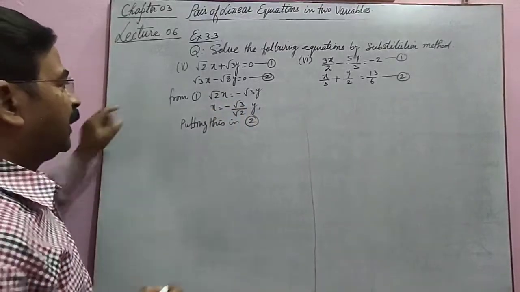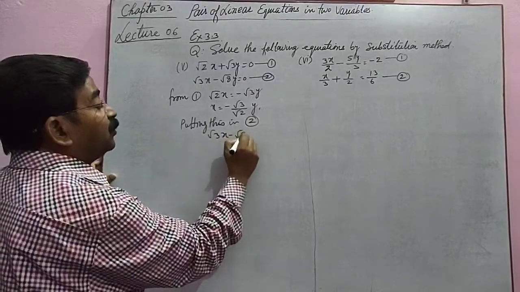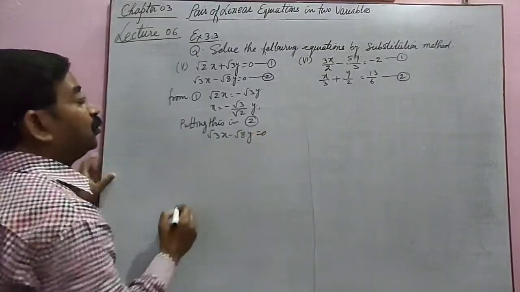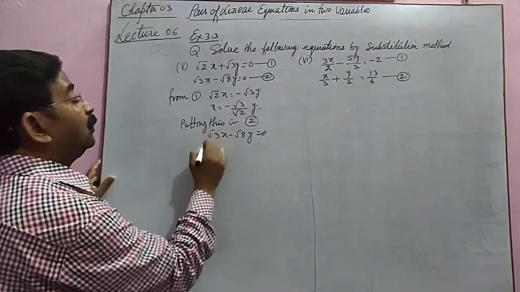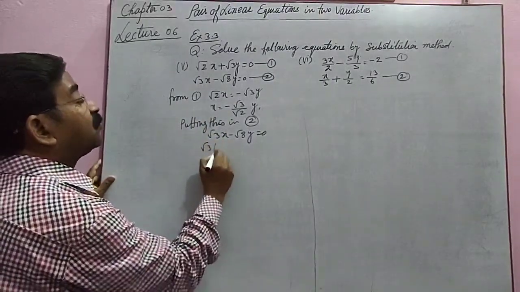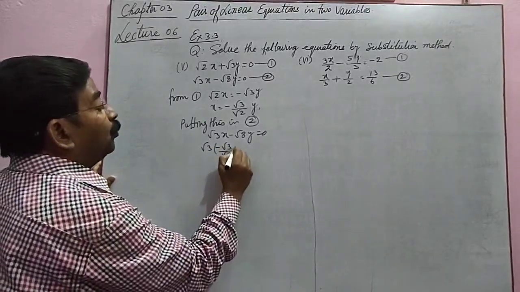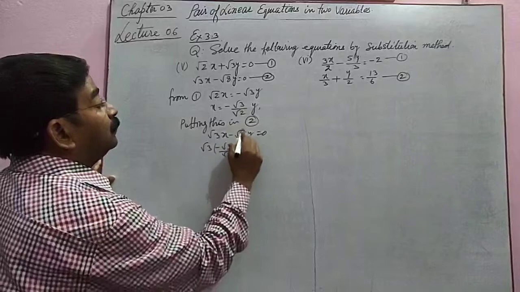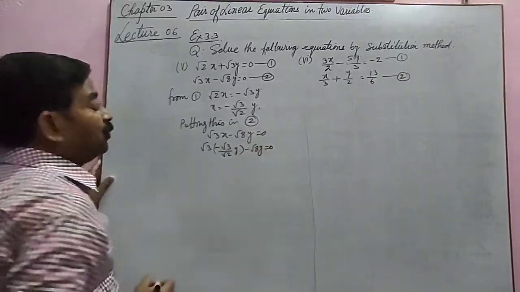Let's see. I am writing root 3x minus root 8y is equal to 0. In place of x we have to write this. So let's see. Root 3 times of minus root 3 upon root 2 y and minus root 8y is equal to 0.